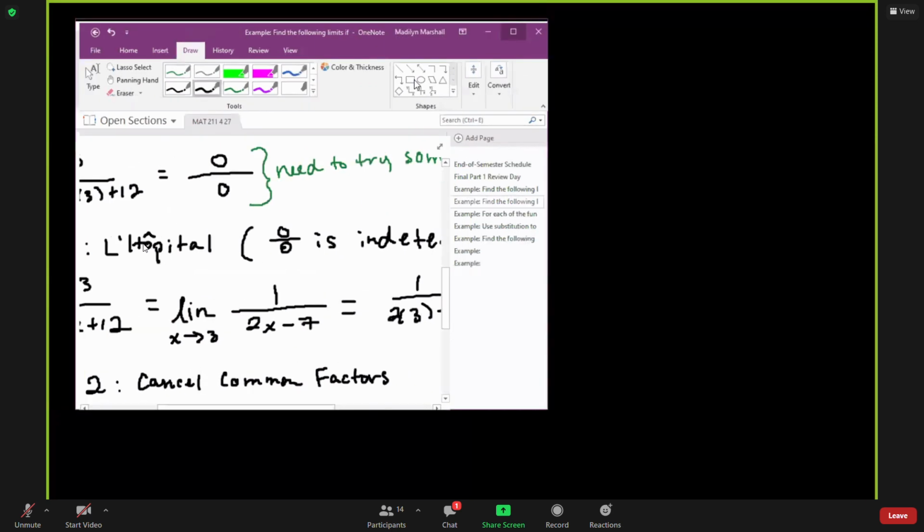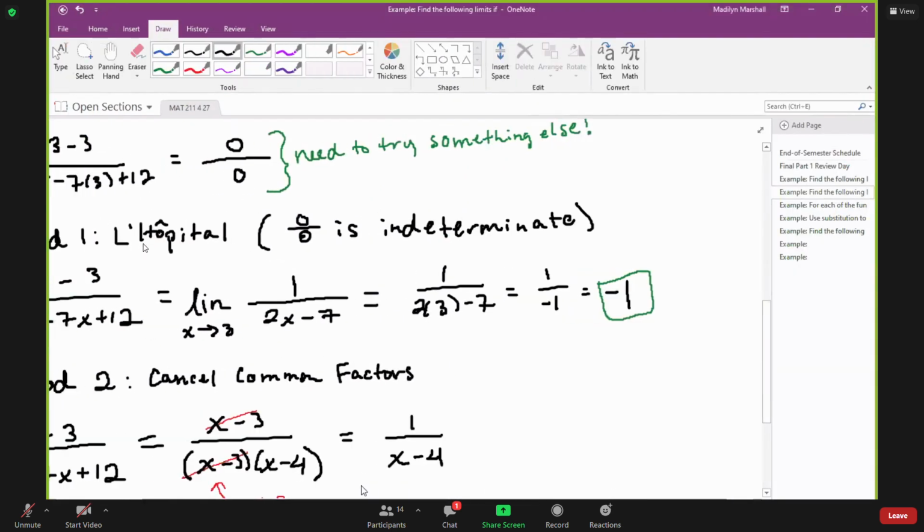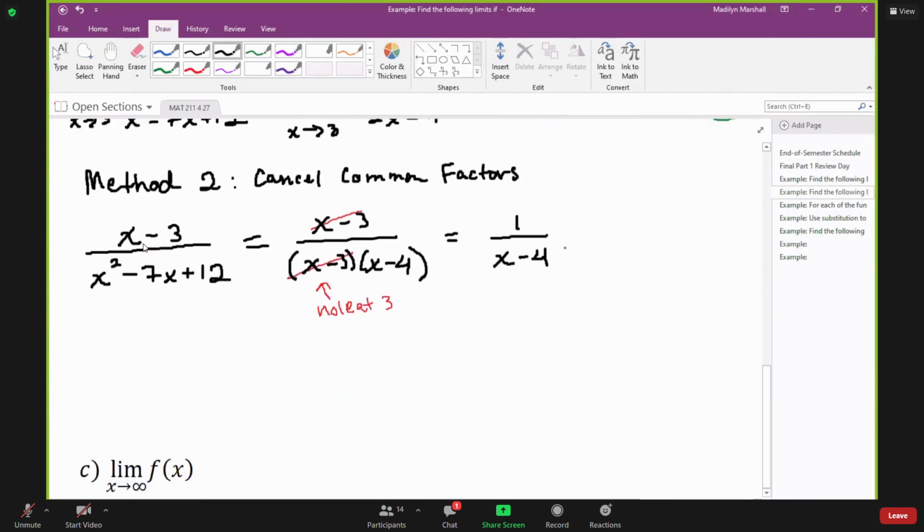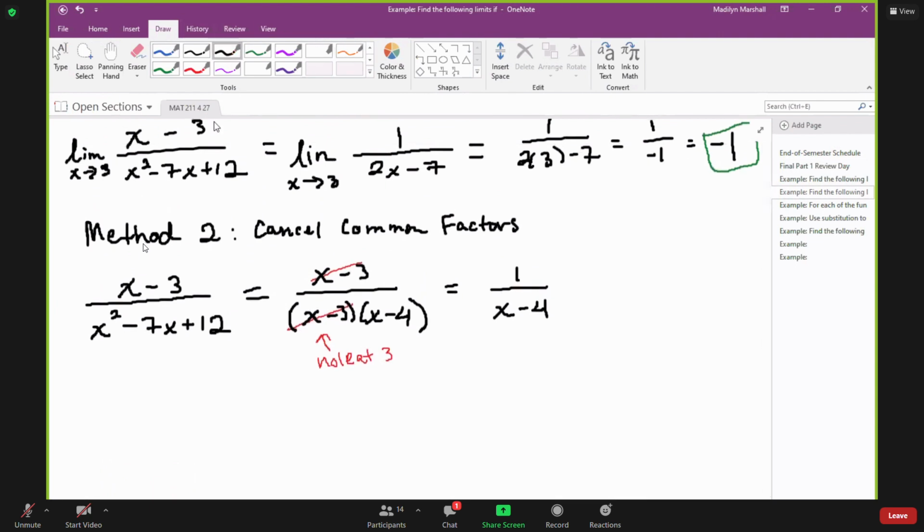Yes. Once we do that, we have something that is not going to be indeterminate when we start to plug in. So now we can take the limit as x goes to 3 of 1 over 3 minus 4. Oops, 1 over x minus 4. I merged 2 steps there.